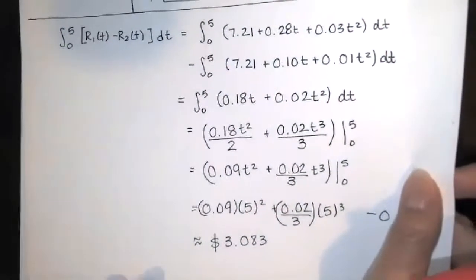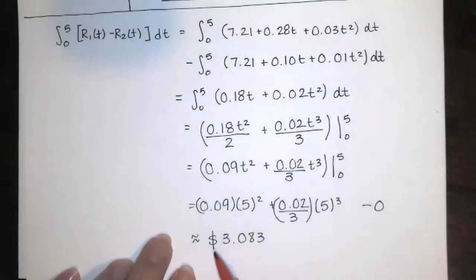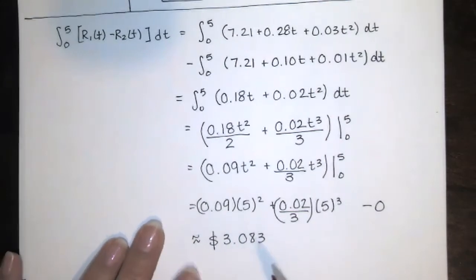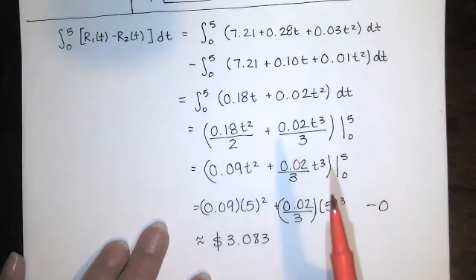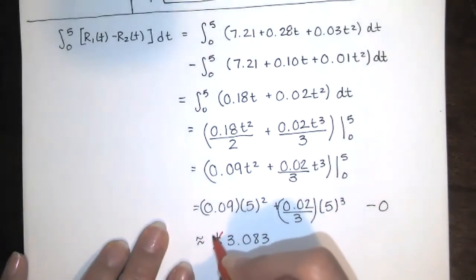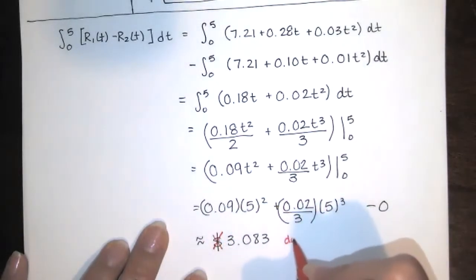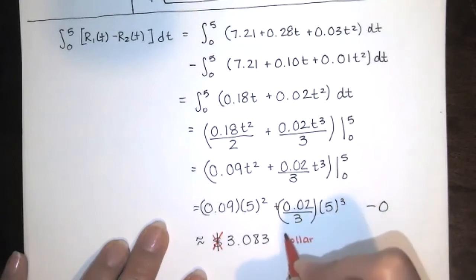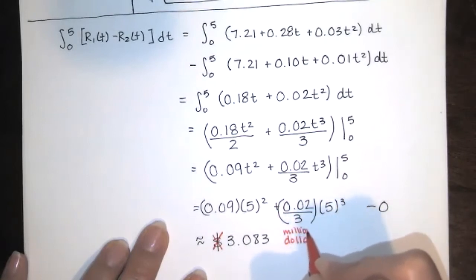So these units really shouldn't be dollars. They should be dollars times years, which is a little odd. That's really not answering the question that they asked us to answer, although this is the answer that they were looking for. So these units are not technically correct. The units should be dollars or millions of dollars times years.